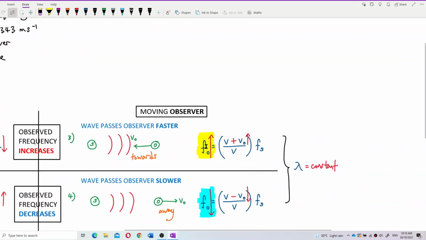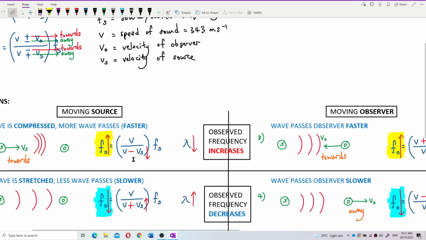Okay, so now the observed frequency is increased. How to make this observed frequency increase? That means the value at the top here needs to become bigger. So to get a higher observed frequency, the value at the top here needs to become bigger. Not like last time, when the value below needed to become smaller in order for FO to become bigger, because that one is a division.